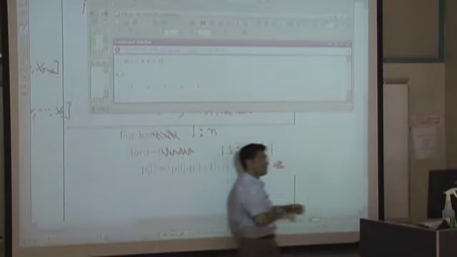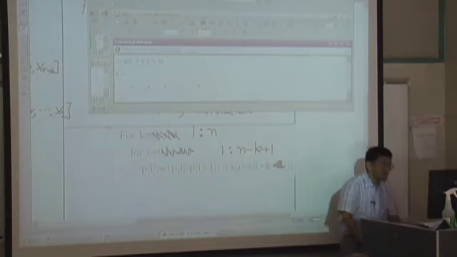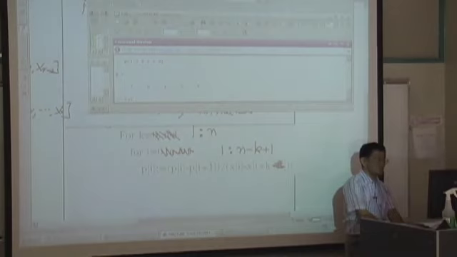Now it's time to implement this first part: for k running from 1 to n, and then for i running from 1 through n minus k plus 1, and then P of i equals P of i minus P of i plus 1 over x of i minus x of i plus k.